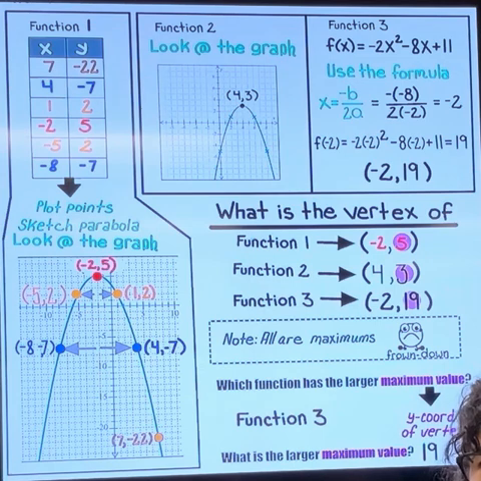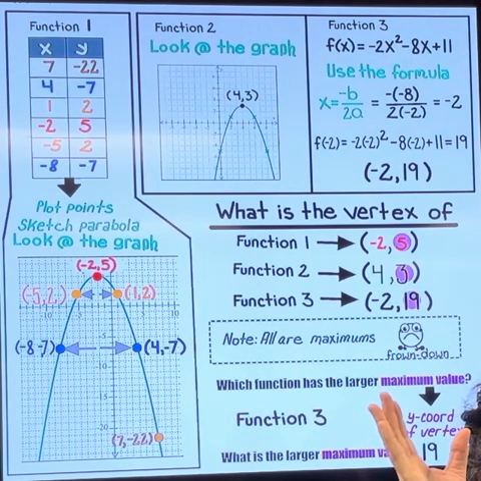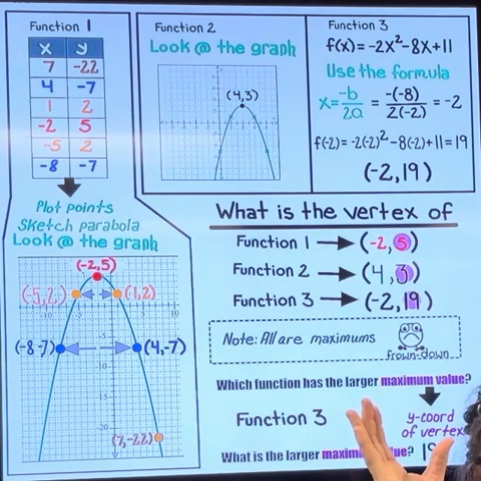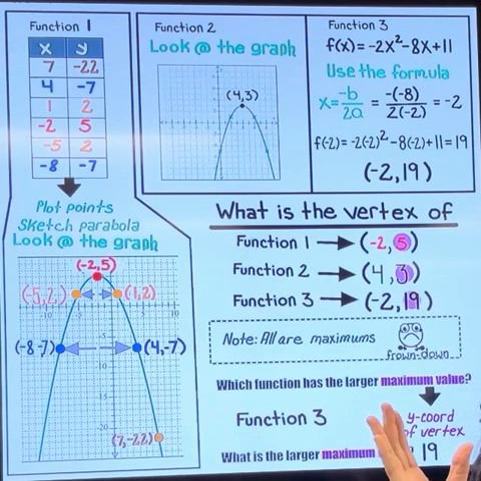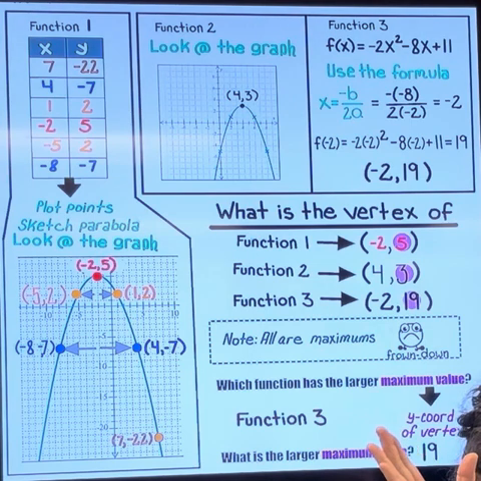Minimum value would be referring to the minimums, so my vertices, and then the value is the y-coordinate of the function. And then if it said larger, you'd be looking for the bigger one. Or if it said smallest minimum value, then you'd be looking at the y-coordinates of the minimums and looking for the smallest of those numbers.